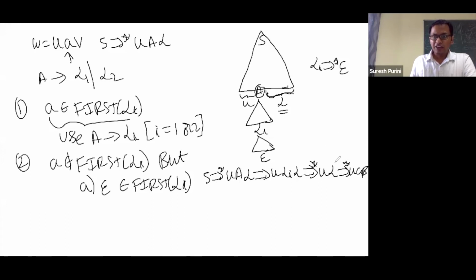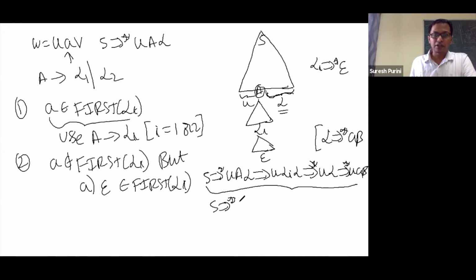So for this to happen, from alpha we should be able to generate A beta. Okay, make a note of it. Since from alpha we can generate A beta, it is possible to generate an intermediate form like this.